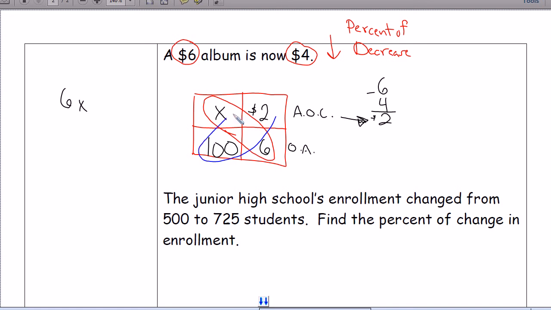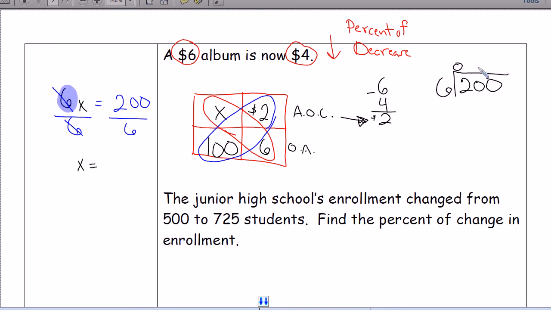And when I multiply 2 times 100, I get 200. Now, in this case, my coefficient, again, that number sitting in front of the letter, is a 6. So that's the number that I have to divide by so that I can get rid of it, a 6. And when I divide both sides by 6, these 6s cancel out. That leaves me with x all by itself right here. And 200 divided by 6, well, I don't know, let's work that out.